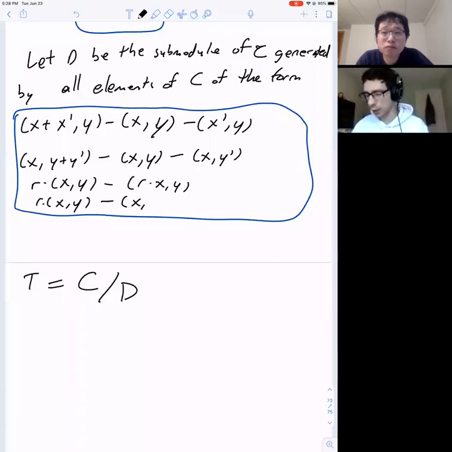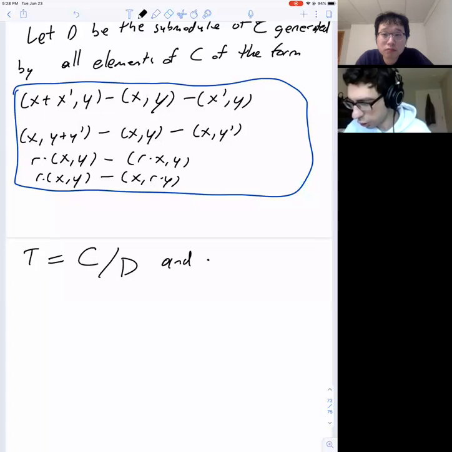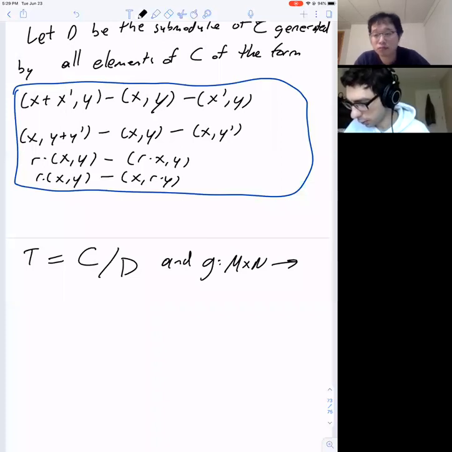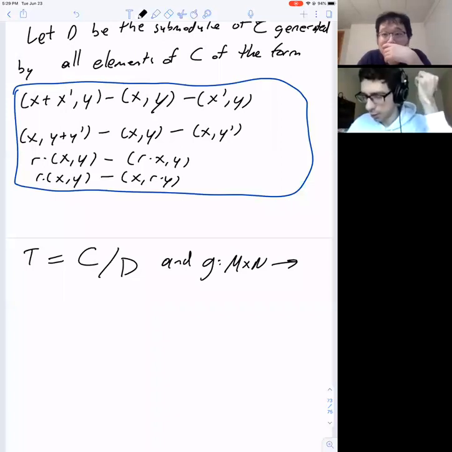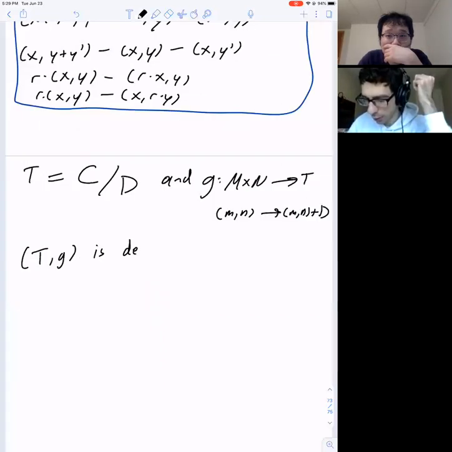Okay, so T is this quotient module, and let's say G going from M cross N to T is the obvious mapping. All elements of the form (m, n) get sent to (m, n) plus D. So this T, G is the desired object.